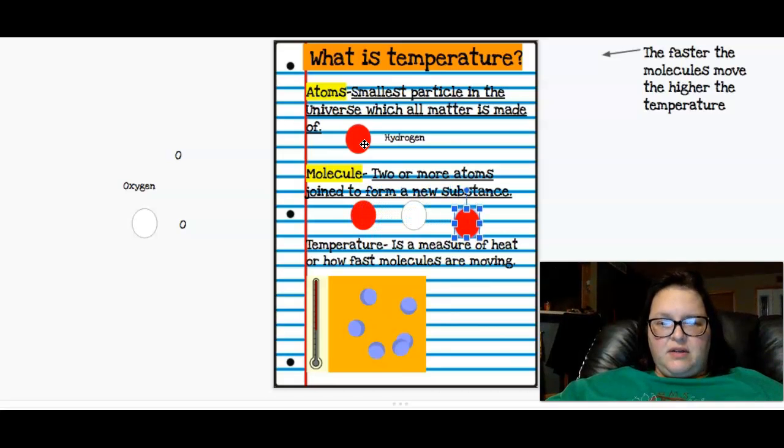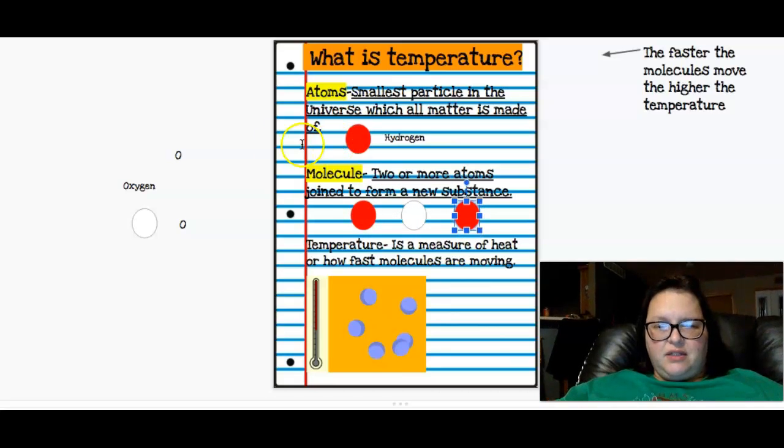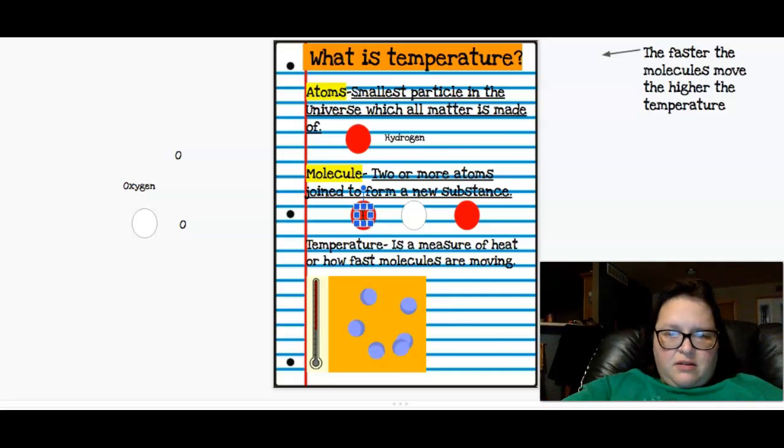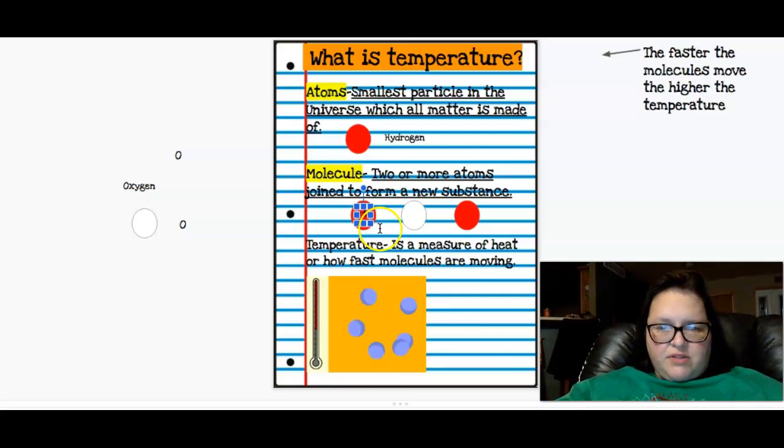Okay? And I would like to put a little symbol on each of these that represents what they are. Of course, I don't know if I can, but I'm going to try. Look, H. Can we see that? Yeah, we can see that. So on your paper, draw the letter H inside your circle. And I don't know how big it's going to get.